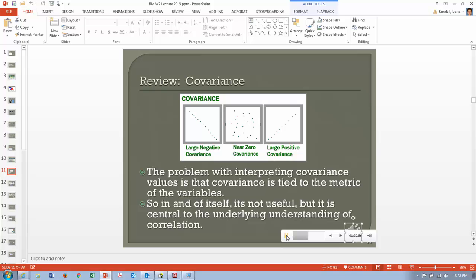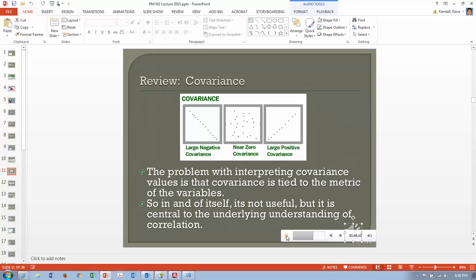However, if you are doing the same study, but you're using meters as your measurement, you'll have a smaller covariance. So it's tied to the metrics in that sense. And so it's not very useful to compare across studies. So if you have one study doing millimeters, one study doing yards, and one study doing kilometers, if you compare covariances across those studies, you can't really do that because it's tied to that metric.